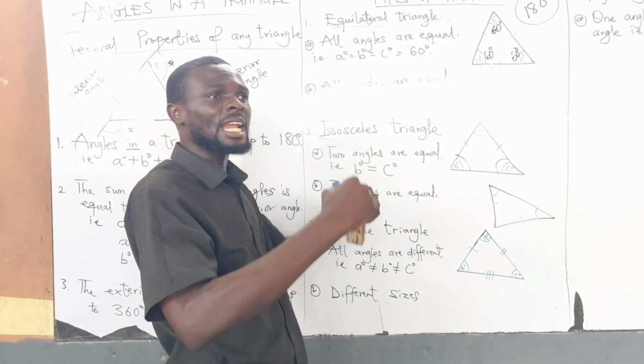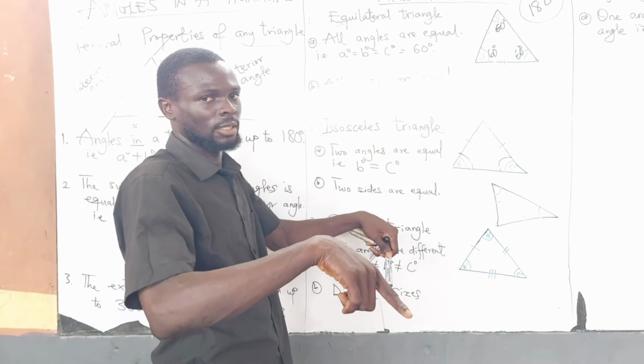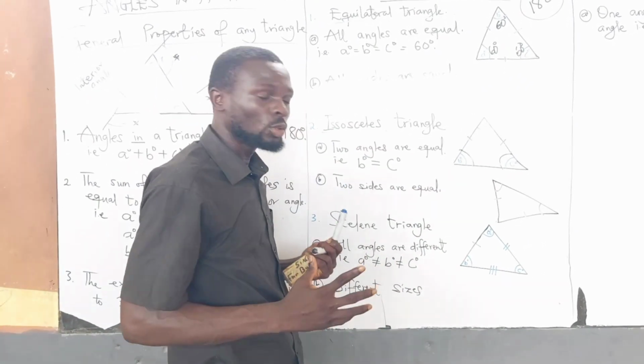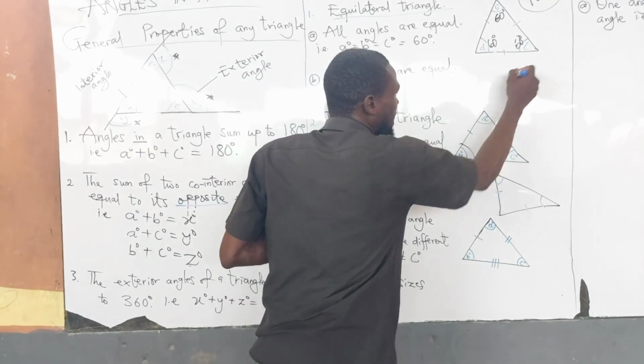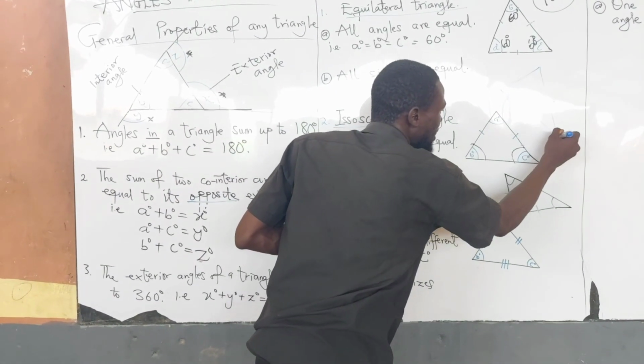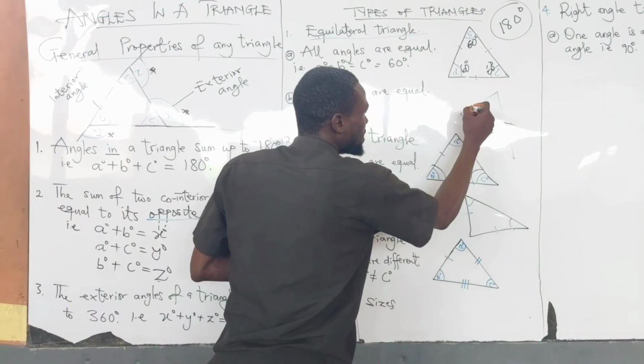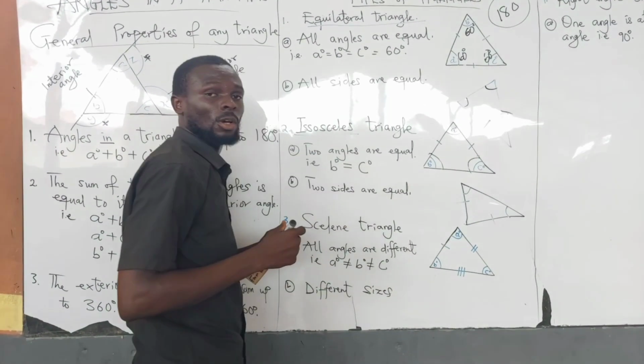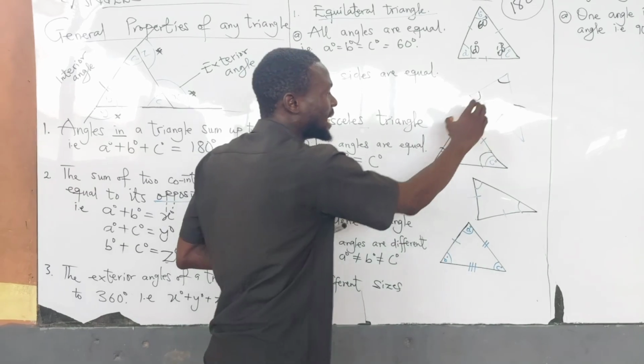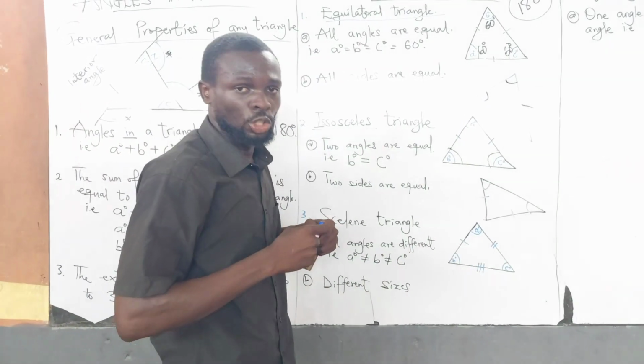That means the angles that the equal sides make with the baseline happen to be what? Equal. And even if it is tilted like this, and you have this, it means these sides are equal, and that is what? An isosceles triangle.